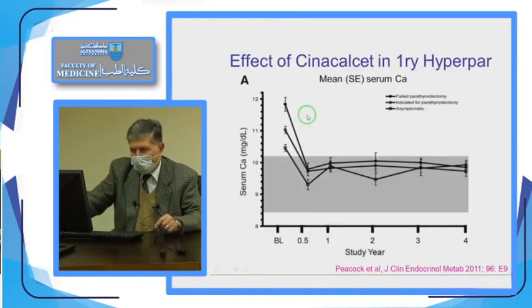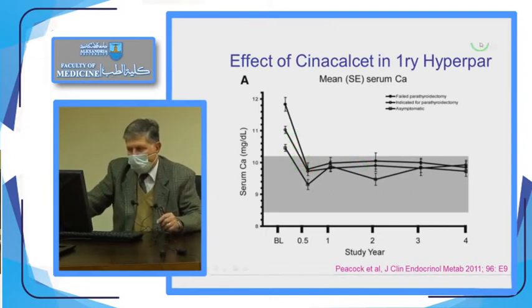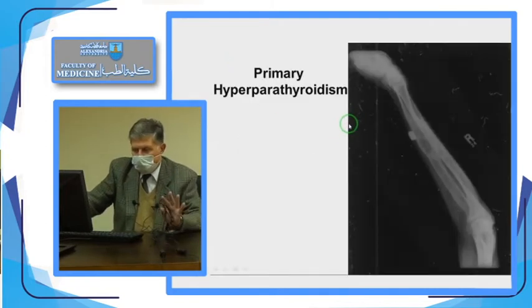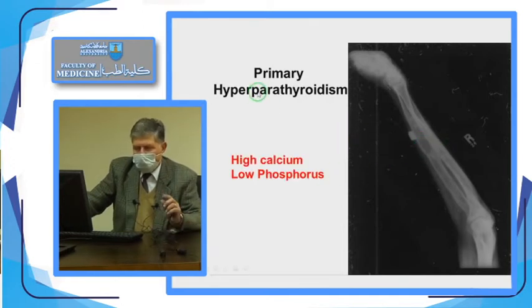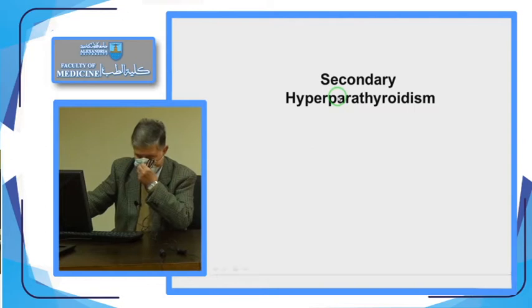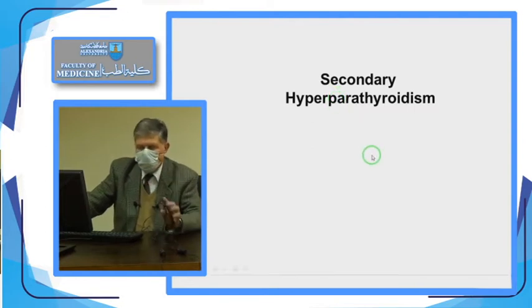And this is the effect of cinacalcet after giving it, in a failed parathyroidectomy. If you give the drug, there is lowering of the PTH. So this is primary hyperpara, and again in primary hyperpara, the PTH is high, calcium is high, phosphorus is low, remember that. But you've got another type of hyperpara called secondary hyperpara, and this is due to low calcium.